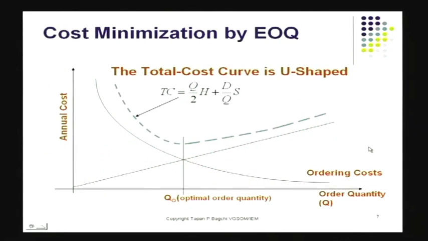That's done by this little formula here. And this formula actually does a little optimization. There are two parts of it. One part is called the ordering cost. This is how much it costs you to place a single order regardless of quantity. This is like checking inventory, going to the formula, figuring out your optimum quantity and so on, and then placing the order.